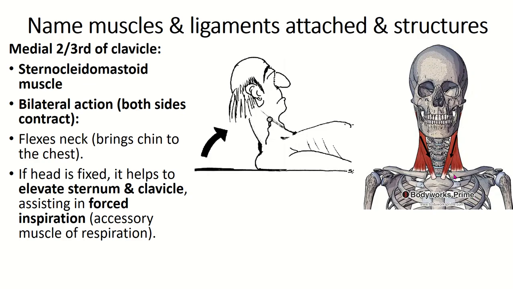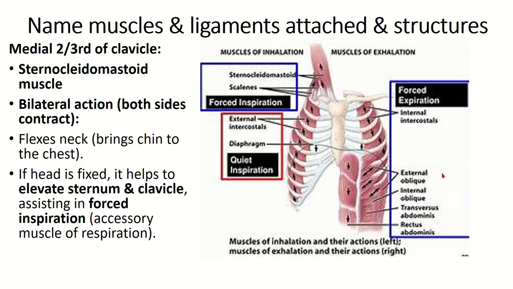It increases the vertical diameter, and this muscle is used in forced inspiration. So this is the direction of contraction when the origin is moved toward the insertion.